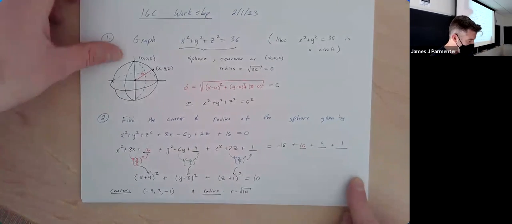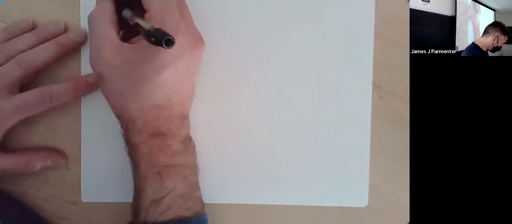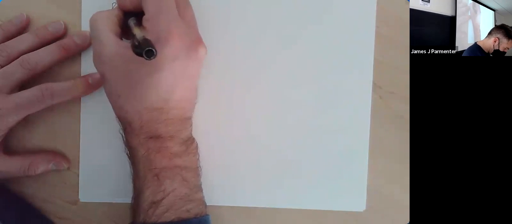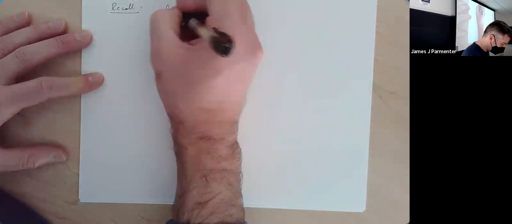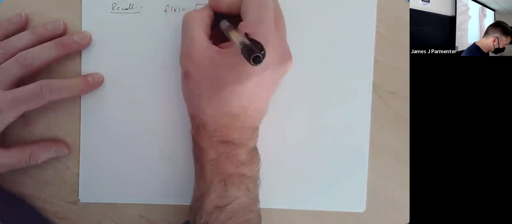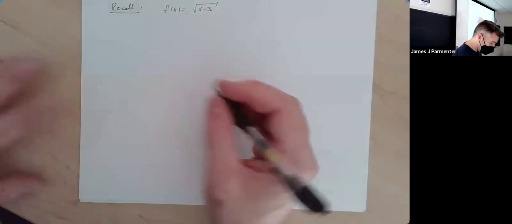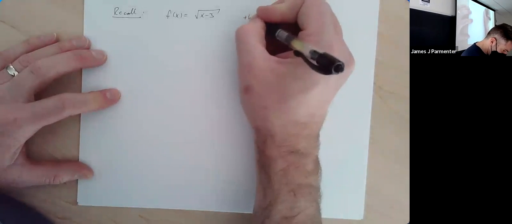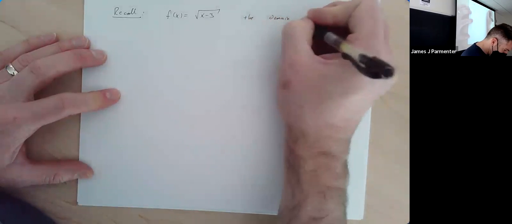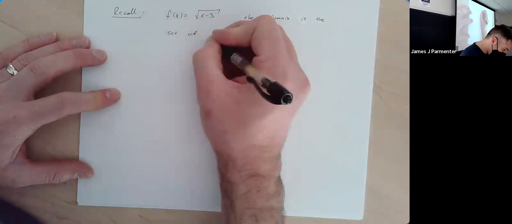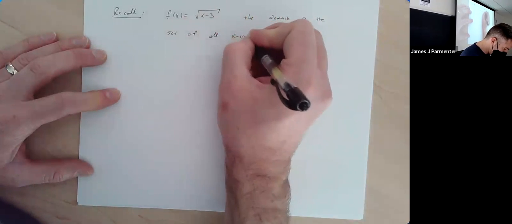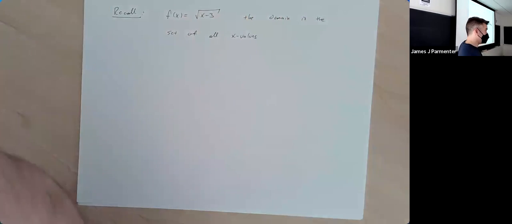All right, let's talk a little bit about functions of two variables and domain and maybe range. So just a quick reminder, recall from before, if you had a function like f of x equal to the square root of x minus 3, the domain is the set of all x values, or I like to think of as inputs, right?